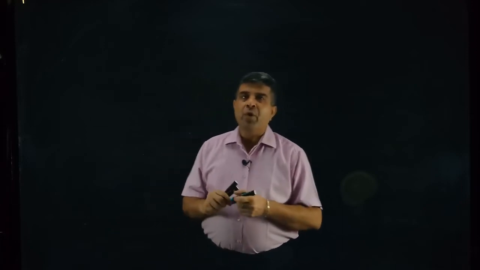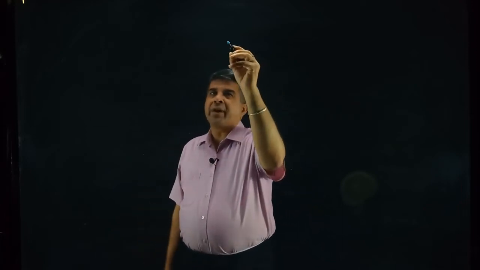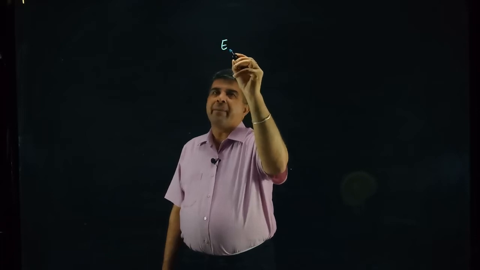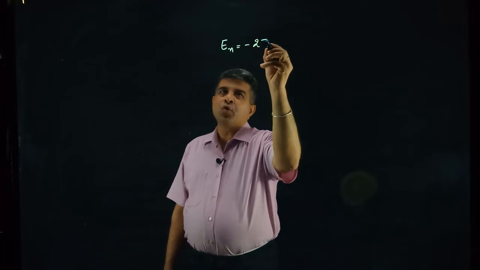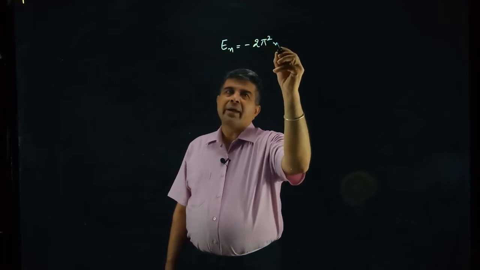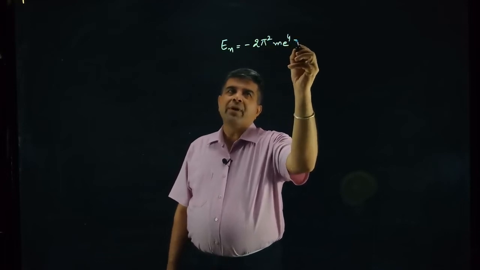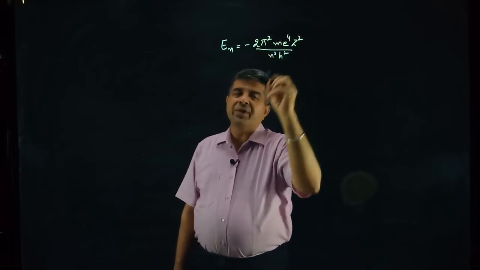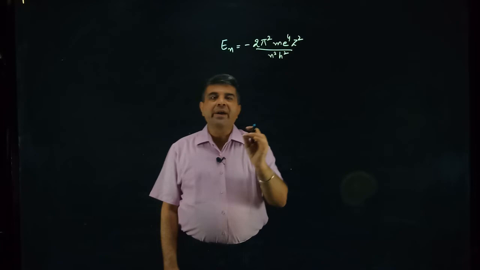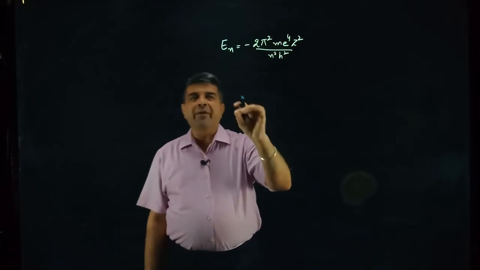According to Bohr, the quantized energy for an electron in an orbit is given by energy for the nth orbit is minus 2 pi square m e raised to power 4 z square over n square h square. So this is the value of quantized energy for an electron.